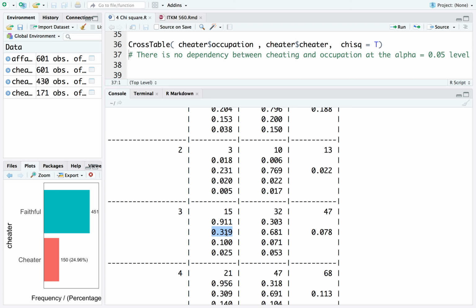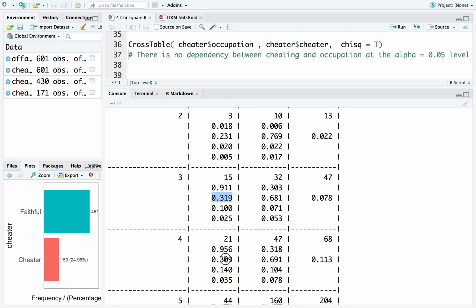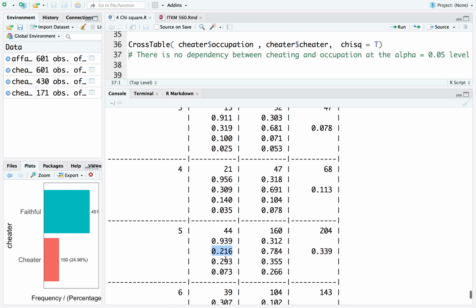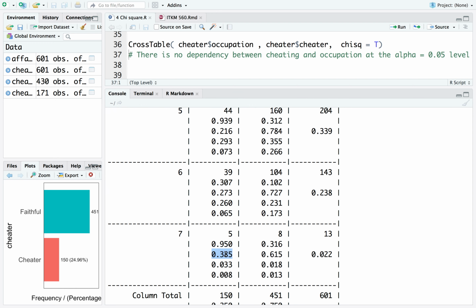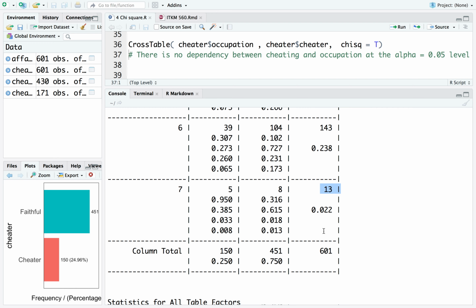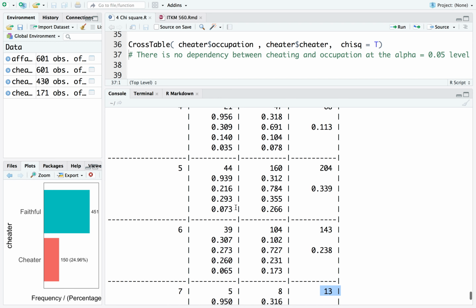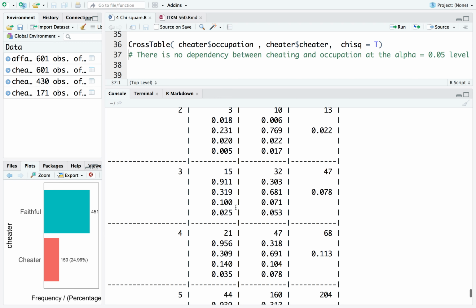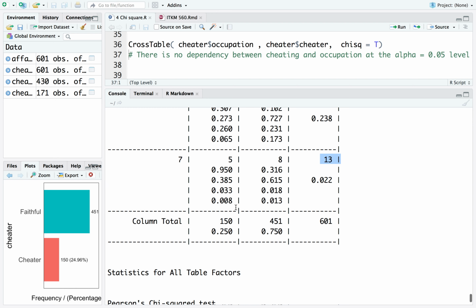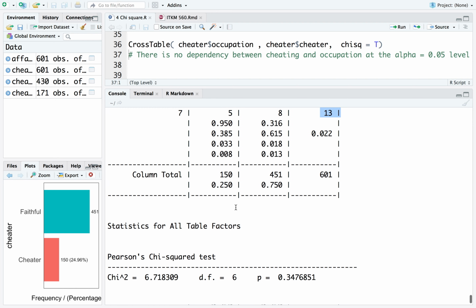I have 0.319, seems a lot bigger. 0.3, smaller, kind of in the middle, and really much bigger, but 13 observations, not too credible. I would have lumped these occupations into a higher proportion and lower proportion of cheating and rerun the chi-square test as a 2x2 test. But this did come out as insignificant, and I'm just going to leave it alone.